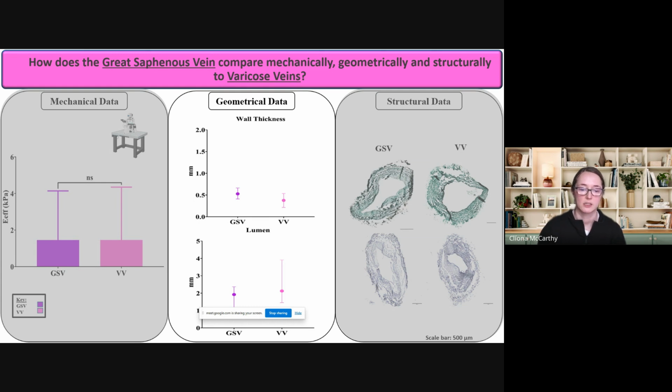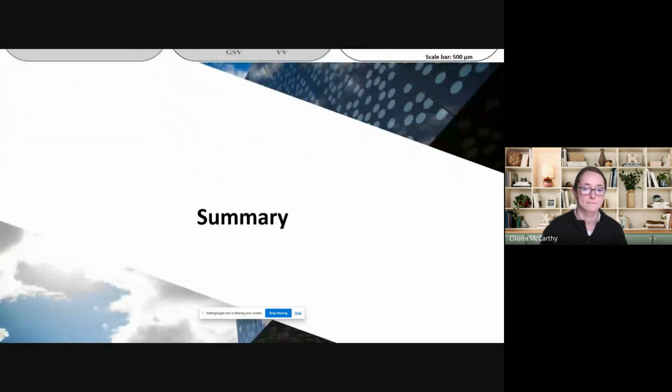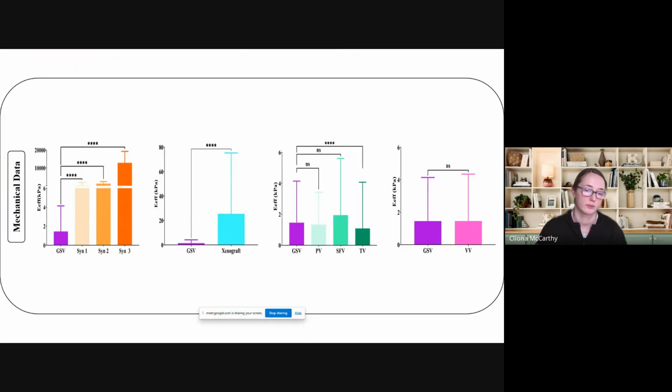We see that the median is closely matched between the great saphenous vein and varicose vein. And again, we see that the collagen and elastin content of the great saphenous vein and the varicose vein are similar in content.